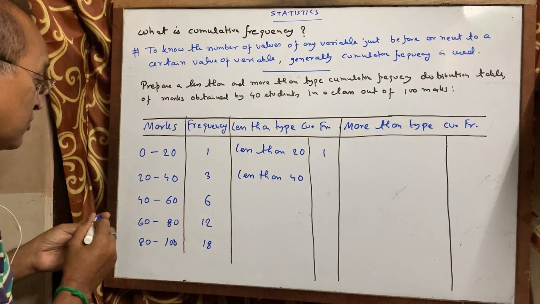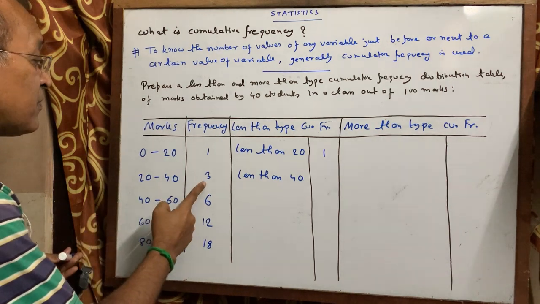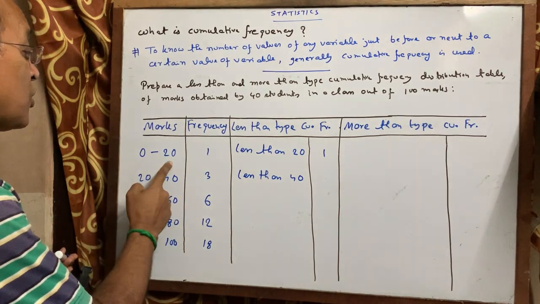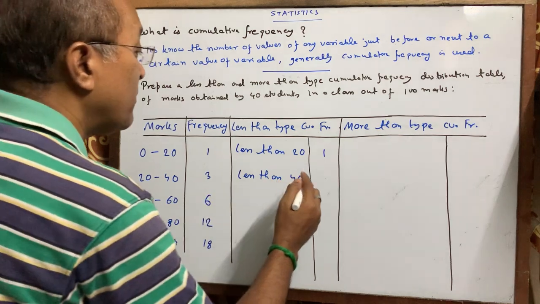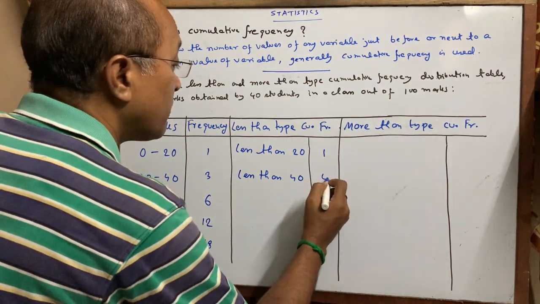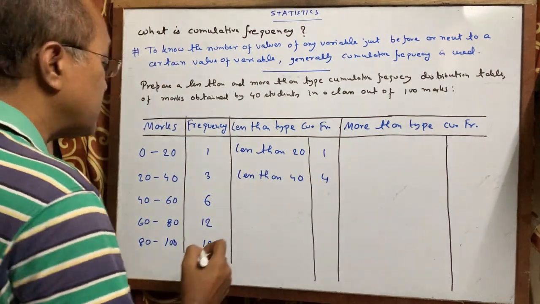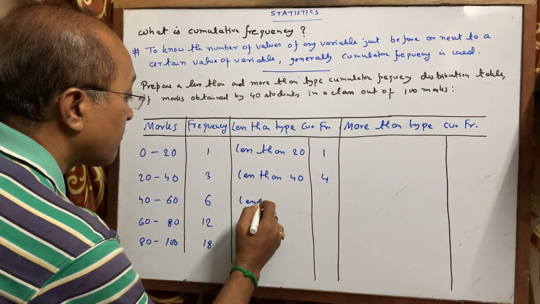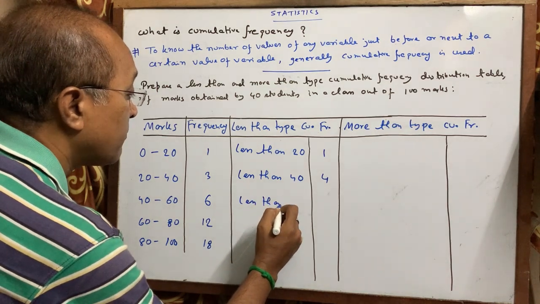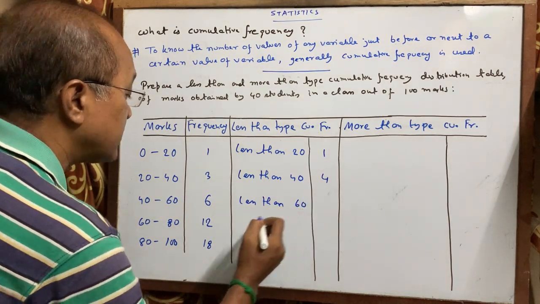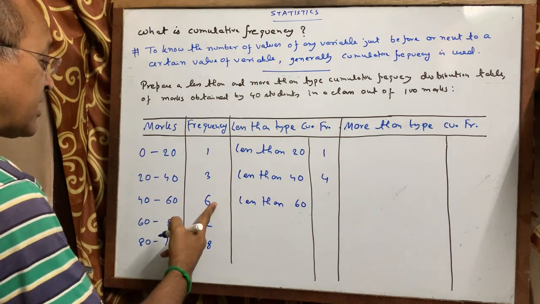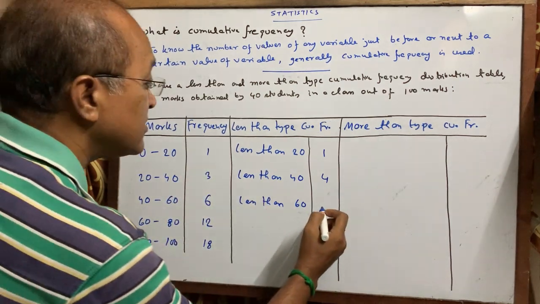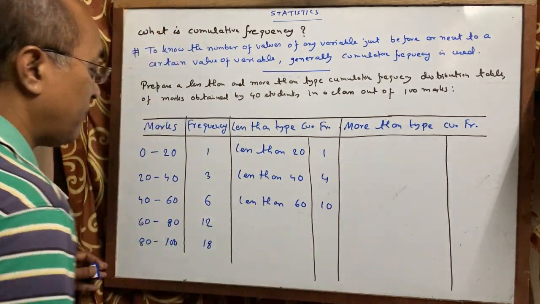Less than 40 is within 20 and 40, number of students 3, and 0 to 20 both. So it will be 1 plus 3, 4. Then less than 60, it will be 6 plus 3 plus 1, that is 10.